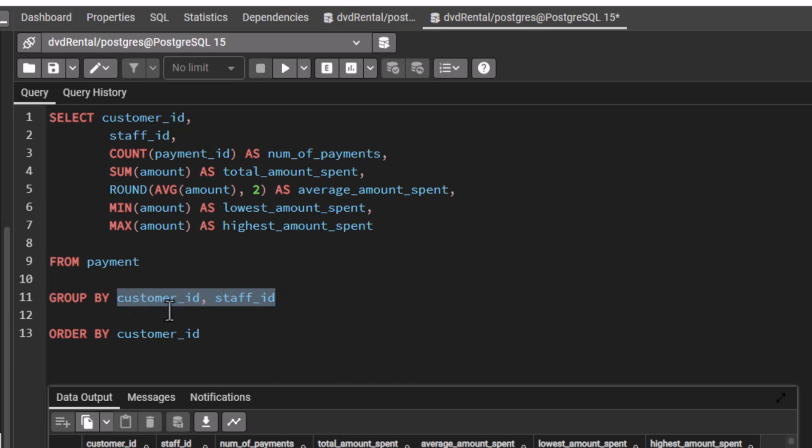In this case, we use customer ID and staff ID. I would encourage you to go explore more on this group by and also even these different tables, so that you can be rest assured that you've really understood this concept. All right, guys, I hope you really get this right here.